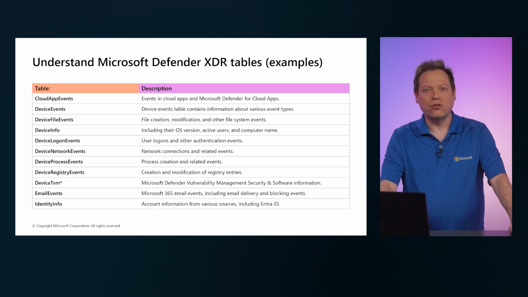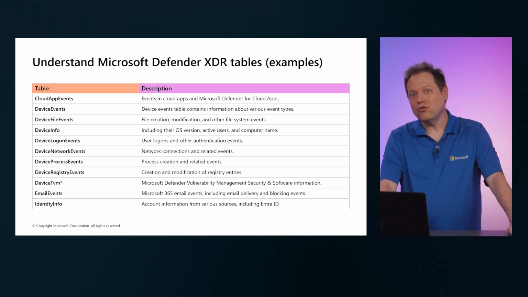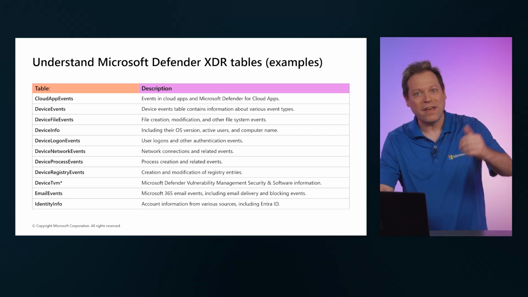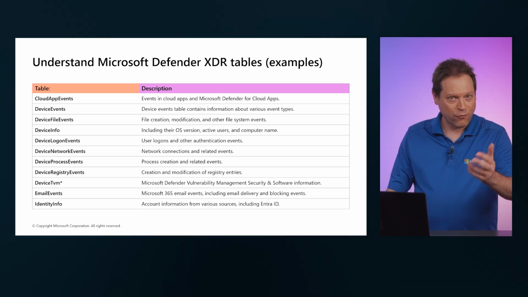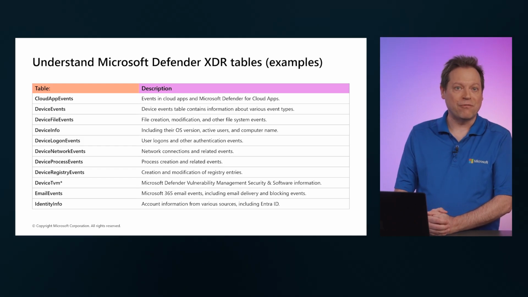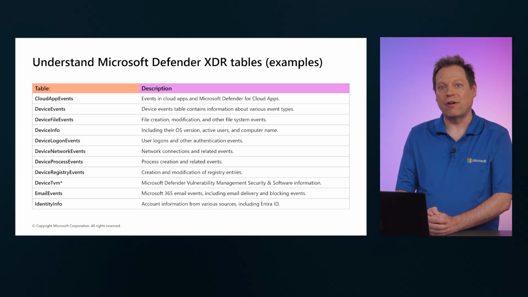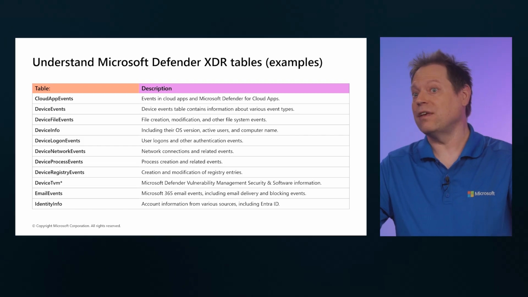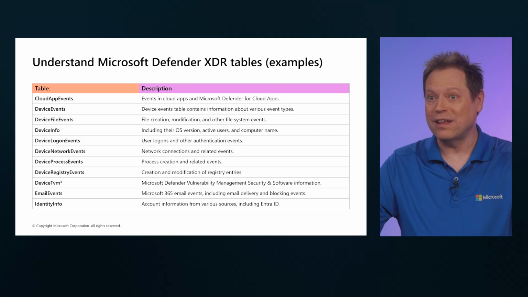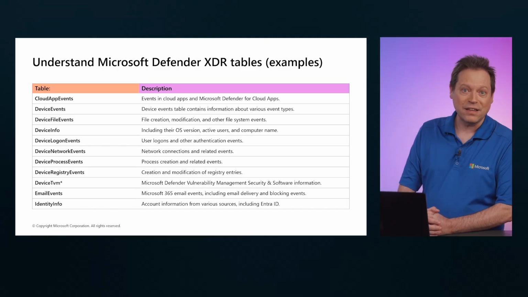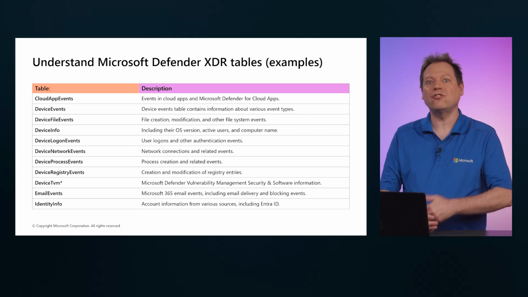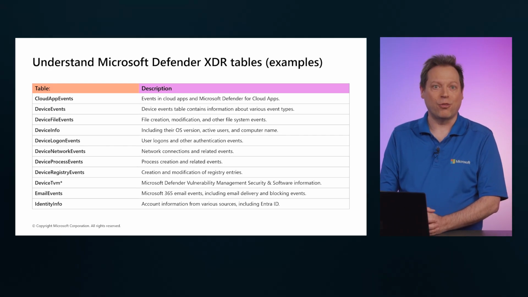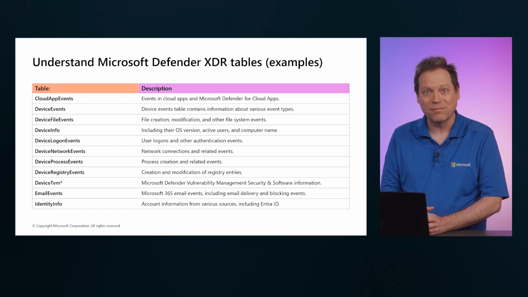When you're working with a unified experience, you'll also encounter Microsoft Defender XDR tables, especially in advanced hunting. For example, CloudAppEvents captures events in a cloud app in Microsoft Defender for Cloud Apps. DeviceEvents includes many different event types coming from devices. DeviceFileEvents tracks file creation, modification, and other file system activities.